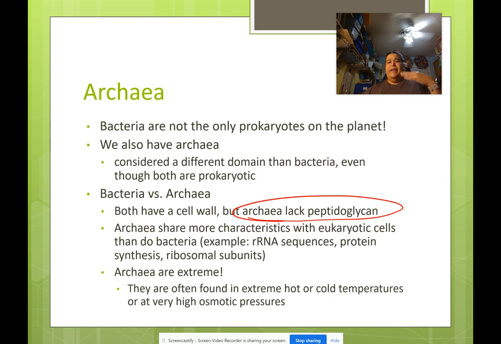Very salty environments where if I were to put regular bacteria, they would die. So, one of the reasons that canned goods have such high salt content is because normal bacteria that would cause food to go bad don't like that. So, if you make it extremely salty, the chances of that thing growing in there are very low. Notice I didn't say it'll never happen, I just said it's very low.